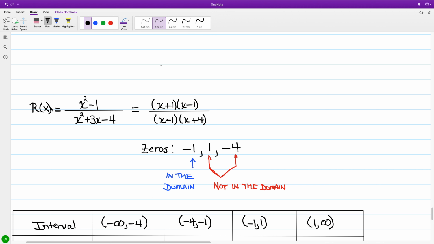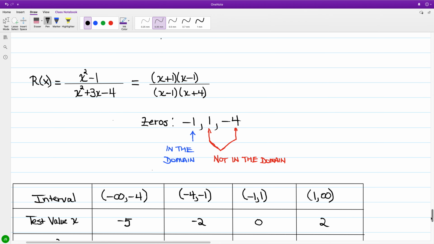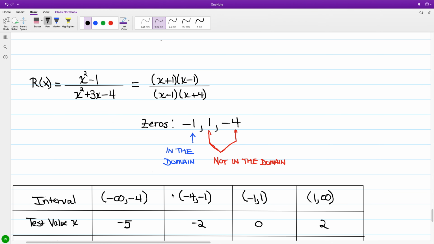To test the rational function in accordance with each interval, I'm going to apply input values, each of which will be in the respective intervals. I chose negative 5 since that is a sample less than negative 4. Negative 2 is one of the integers between negative 4 and negative 1, the other one being only negative 3.